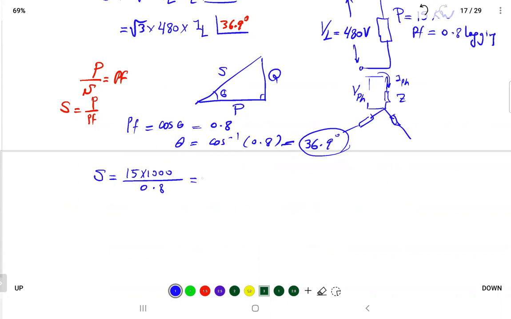So I have 18,750. But this is the apparent power, right? I only got the magnitude because I didn't know the direction of the current. So the apparent power is equal to 18,750 volt-amps. That's S.